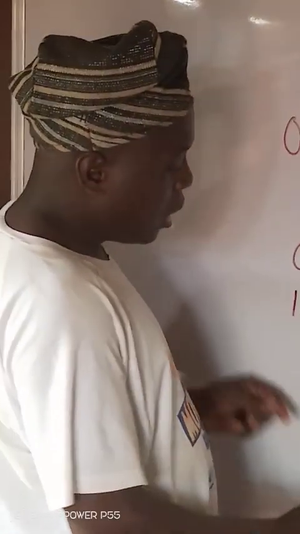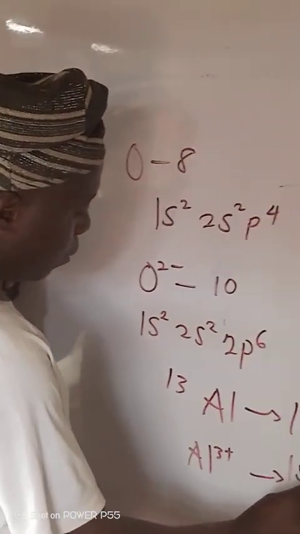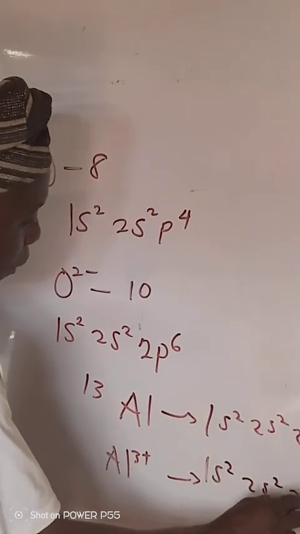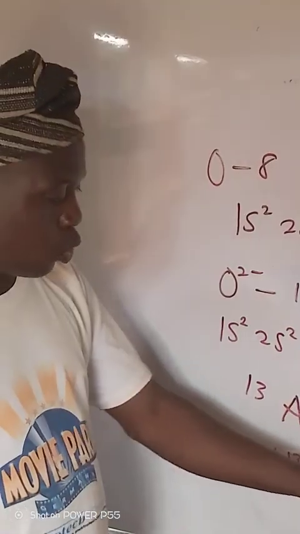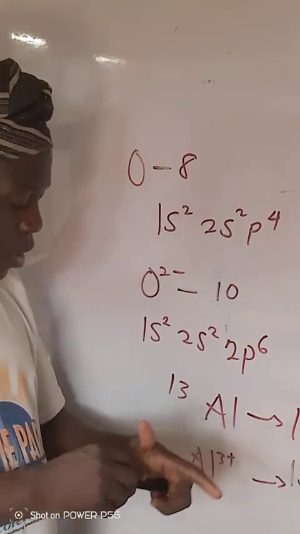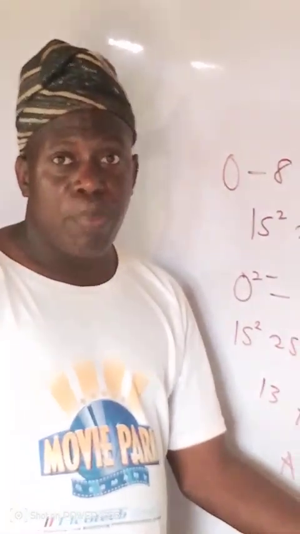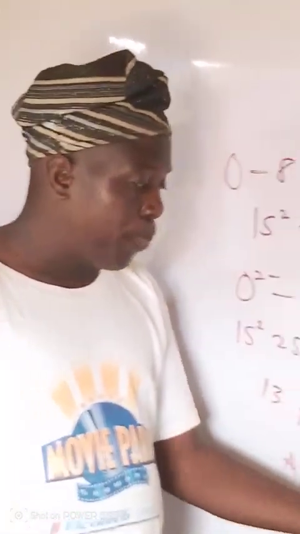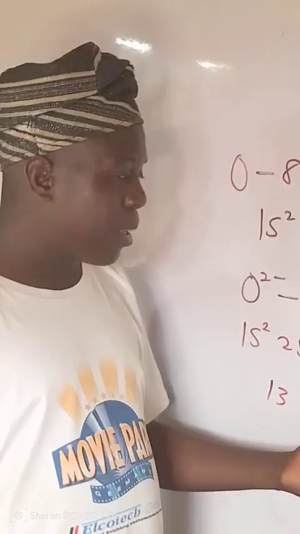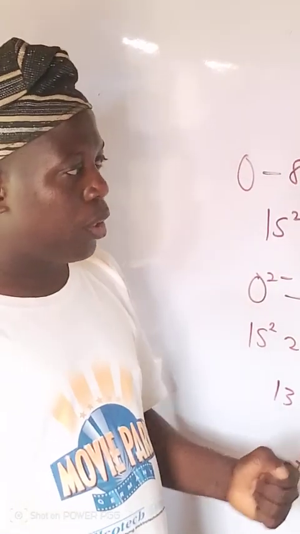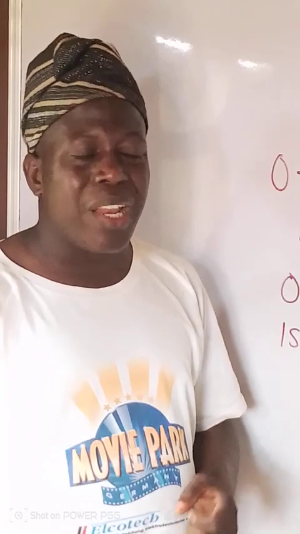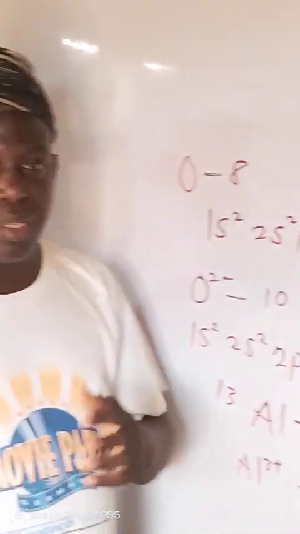The electronic configuration now will become 1s2, 2s2, 2p6. 2 plus 2, 4 plus 6, 10. Then the question can also ask you what block this belongs to. It belongs to P block. That's about the electronic configuration. The next topic that I'm going to talk about is ground state. Join me.